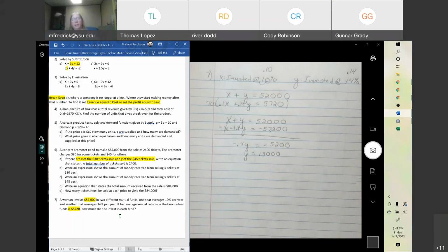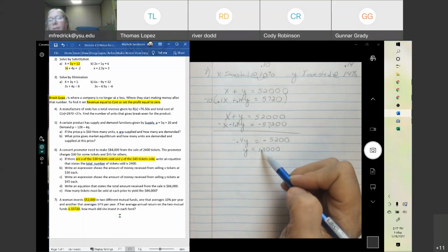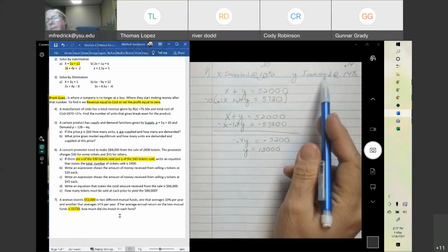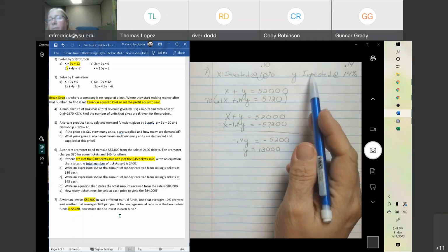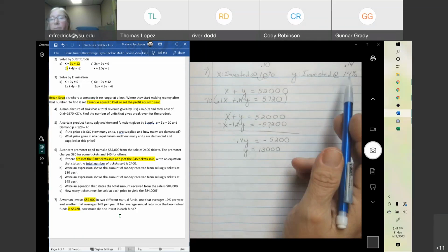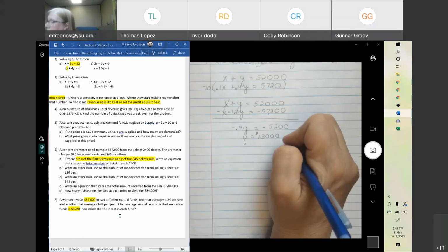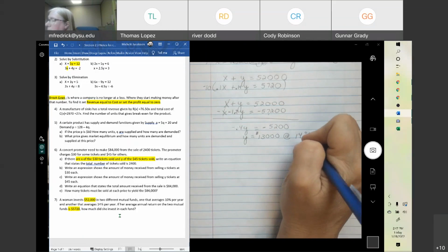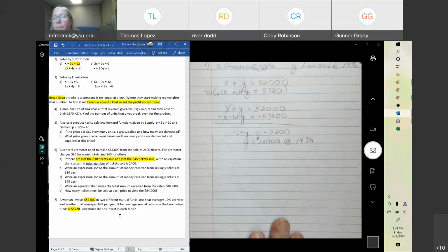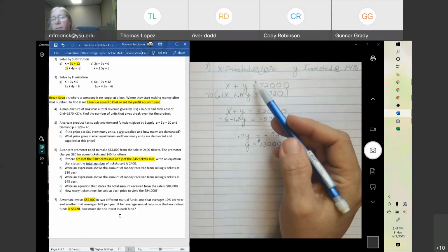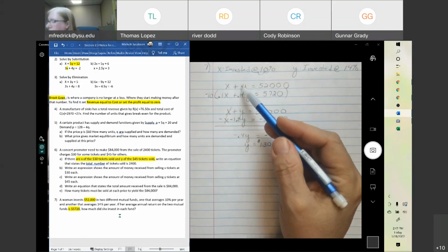Are you getting 13,000 for Y? This is the amount that was invested at 14%. Because I wrote it up here, I don't have to go very far to look for it. $13,000 at 14%. To find X, plug it into either one of the originals. I'd use the first one.